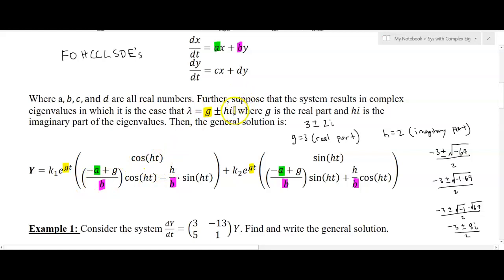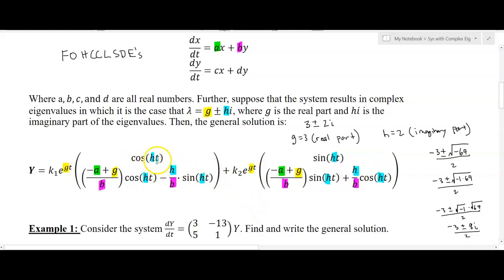The h, and g also happens to go into one of these coefficients here as well. Now, the imaginary part, h, actually controls the frequency of the sinusoidal components of these functions, and also happens to go in as a coefficient.